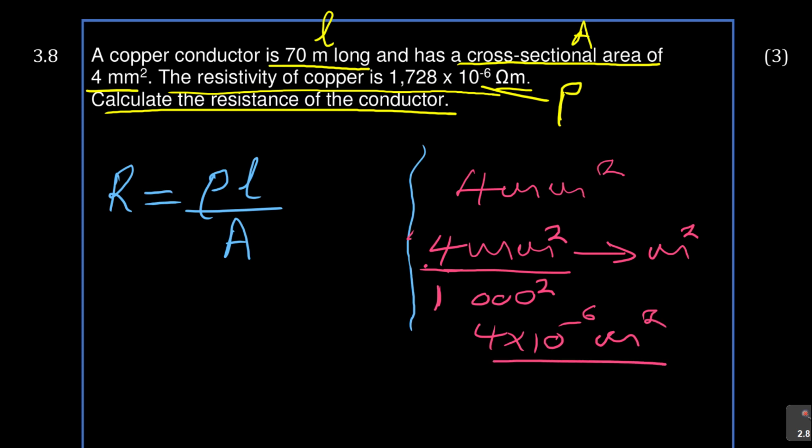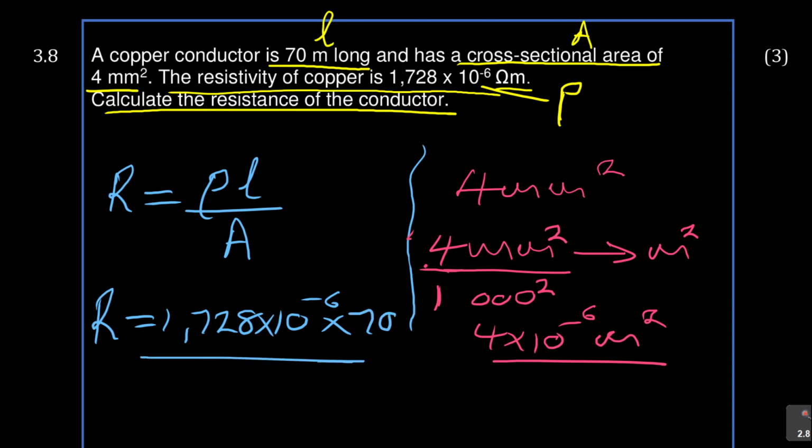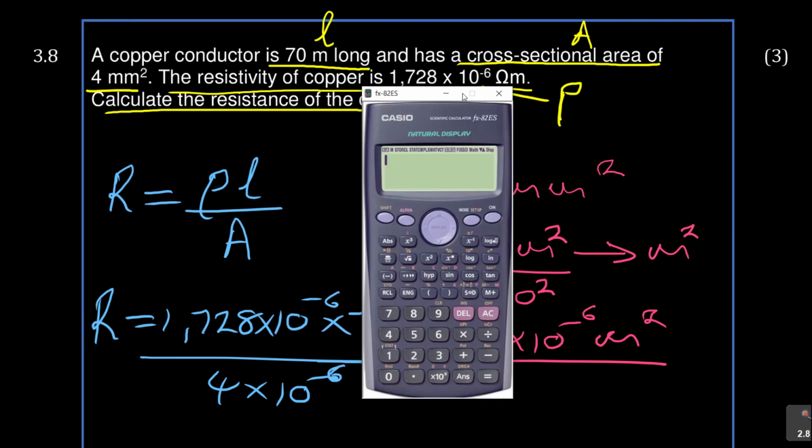So now we can simply write the answer to say resistance is P, which is 1.728 times 10 to the power negative 6 times the length, which is 70, divided by what? 4 times 10 to the power negative 6. Are you seeing that? Then it will give us the answer.